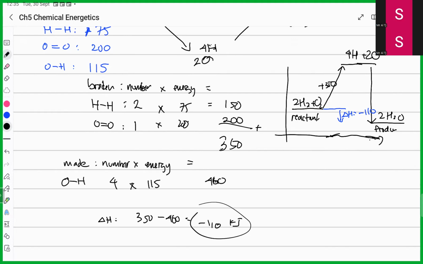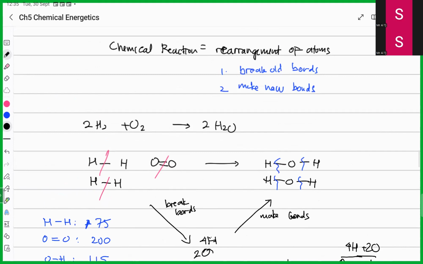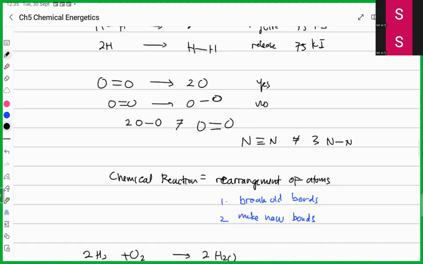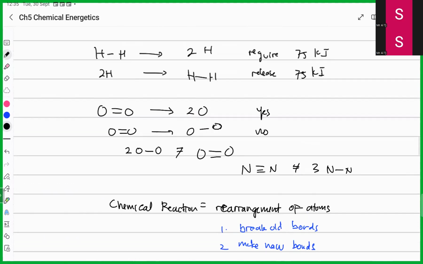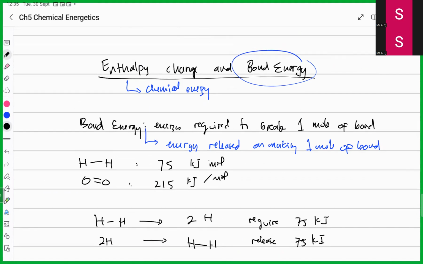I repeat, in this case, we have discussed the enthalpy change and the bond energy. Bond energy is the energy required to break 1 mole of bond. The number I gave here is just illustrative. It's not the real number, okay? But it gives some idea how to work with it.